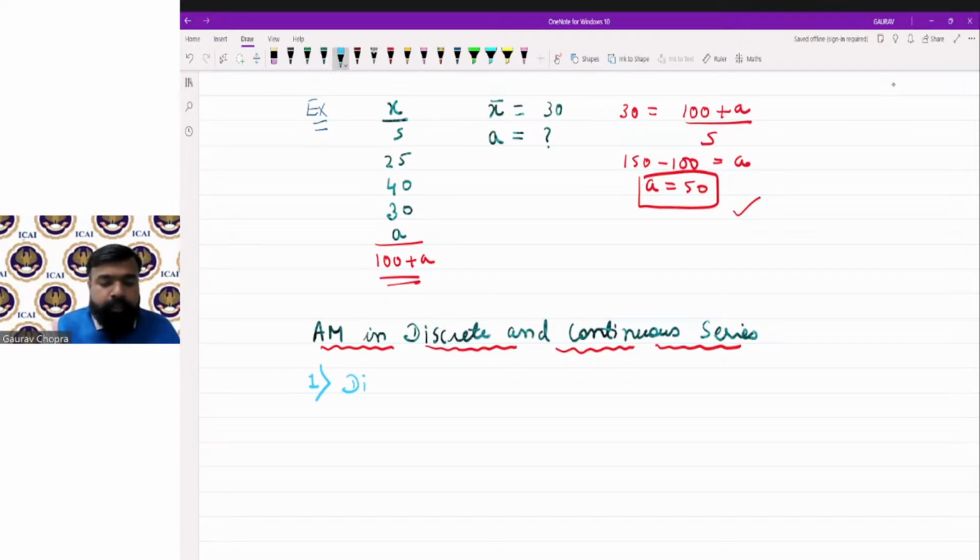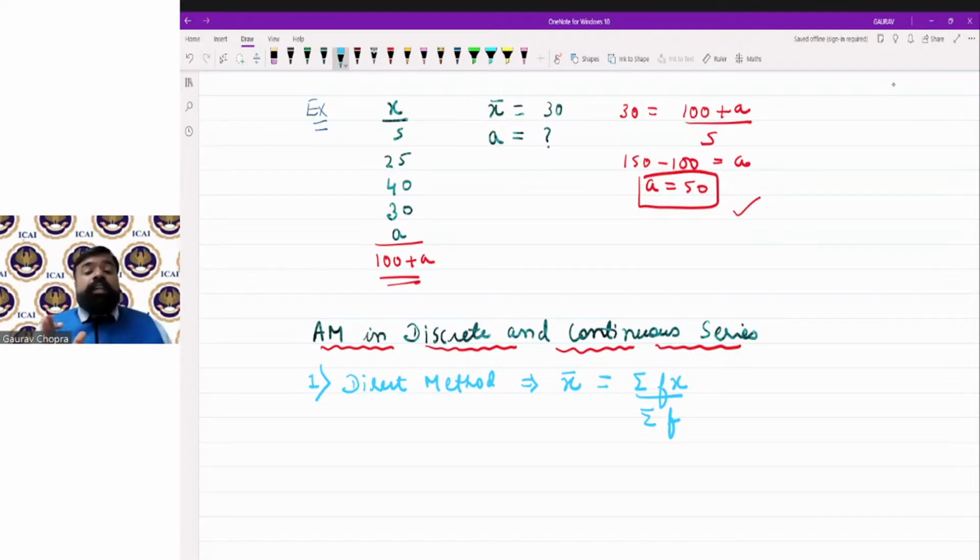So according to this formula, x bar is equal to sigma fx upon sigma f. Since the series is discrete and continuous, frequency will be available in the question. So with the help of frequency, we have to solve the question. So what is the formula? Sigma fx divided by sigma f.